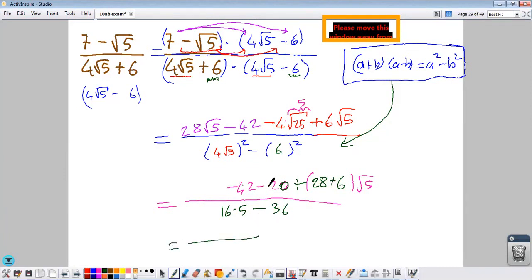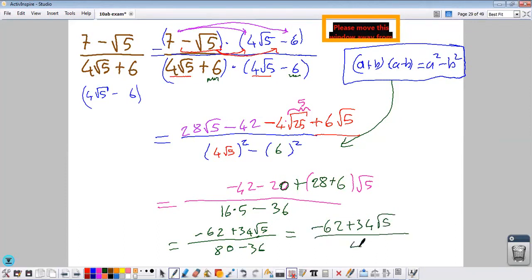So then minus 42, minus 20, they make minus 62. 28 plus 6 makes 34, plus 34 square root 5, and in the denominator you will have 80 minus 36. So minus 62 plus 34 square root of 5, and the result of this one is 44, if I remember well, and you will be done.